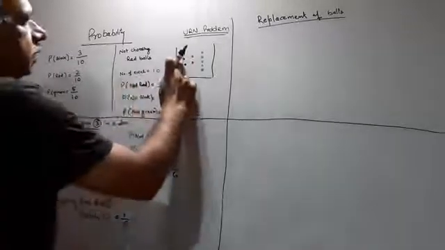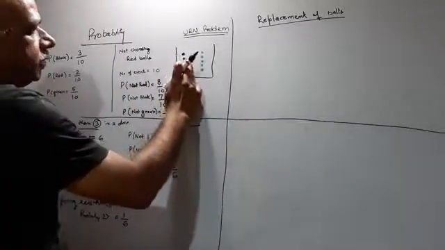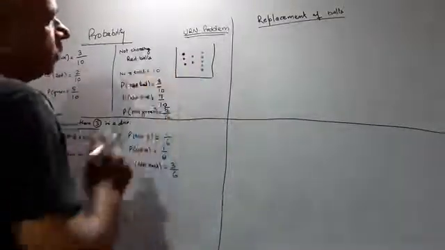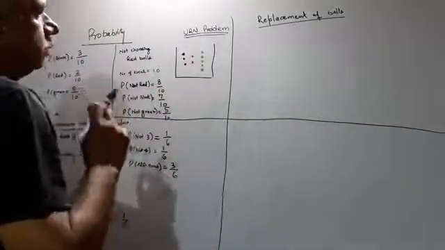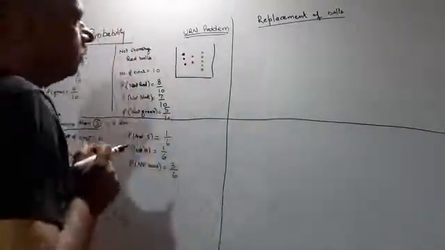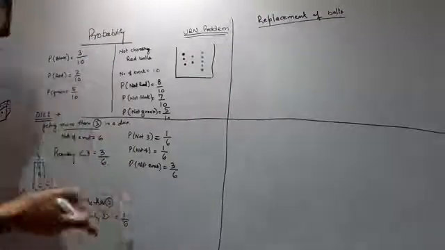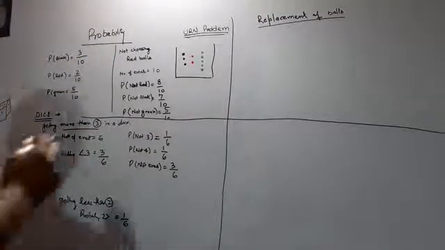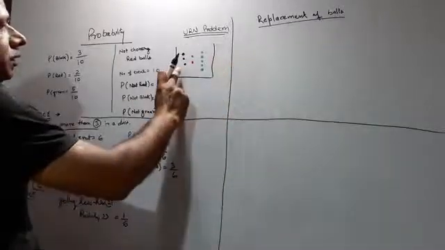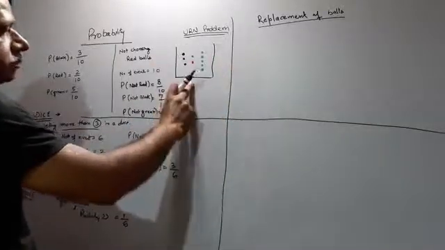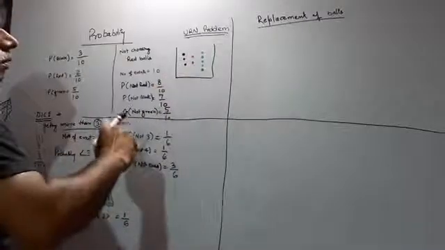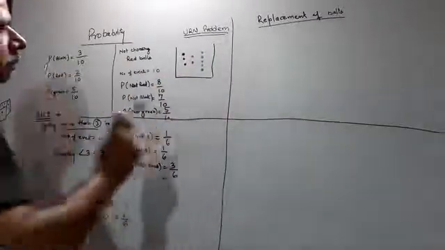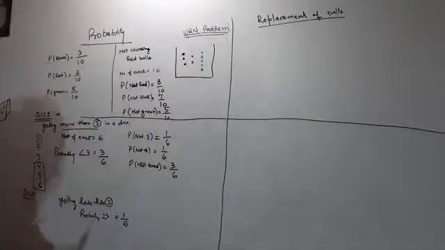Number of events will remain same, 10. If you are choosing red balls, then you are again putting the red balls into it and again pick another ball. In replacement of balls, you are always replacing the balls. You are choosing one ball and that ball is again being dropped into the urn.